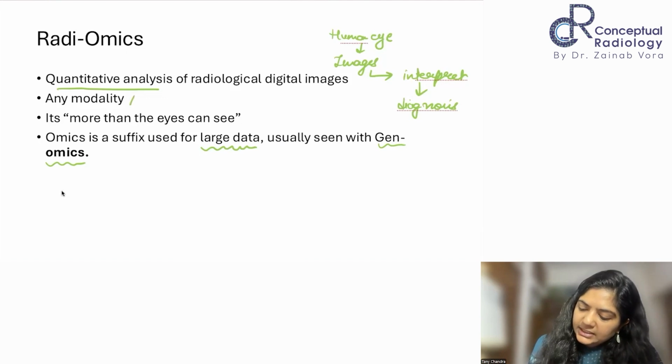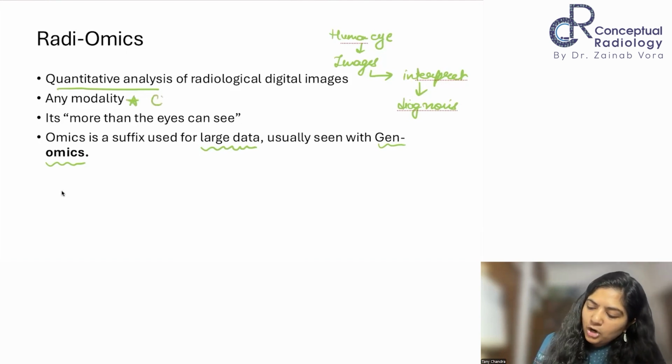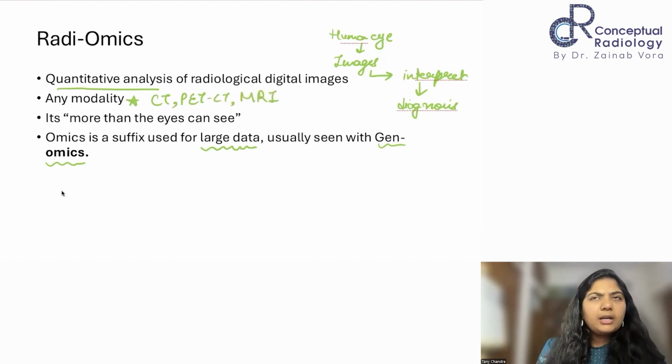Also remember that it can be done for any modality. Most commonly it's being done for PET-CT, CT and MR. It's very hard for MR because, as we all know, we never rely a lot on signal intensity quantification in MR, right?